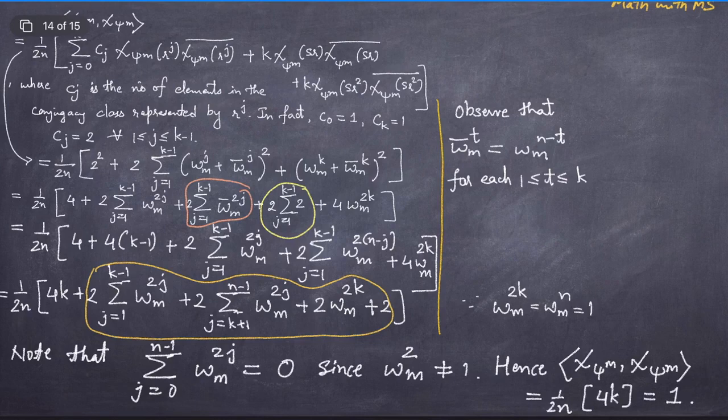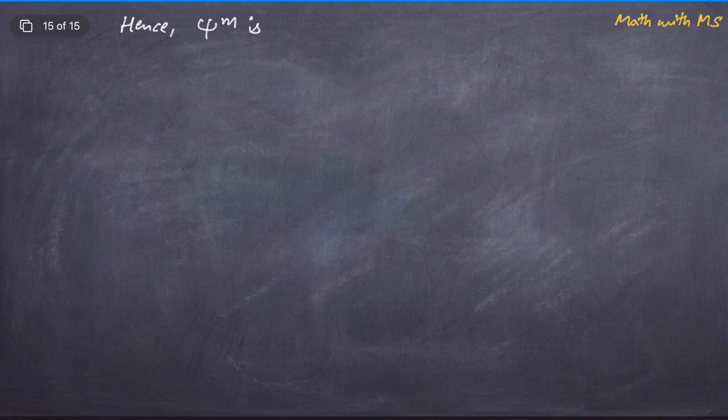This shows that the representation psi m is irreducible, and this happens for each m from 1 to k minus 1. Hence, psi m is an irreducible representation of the dihedral group D2n.